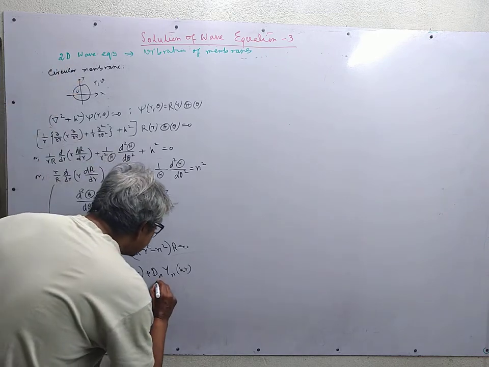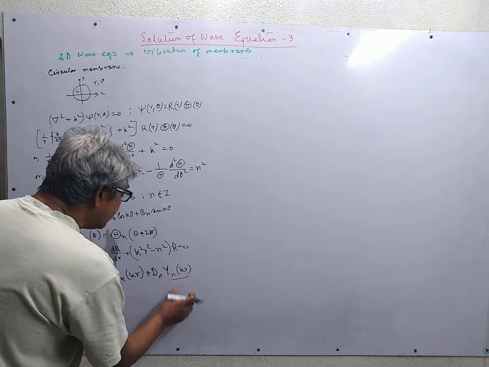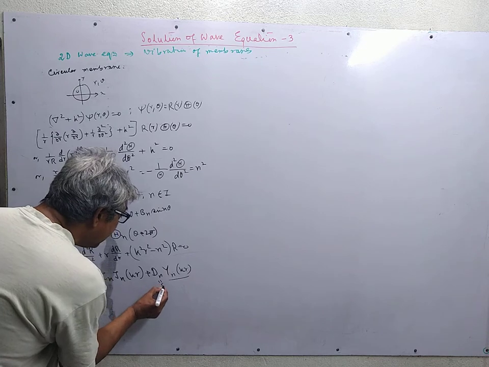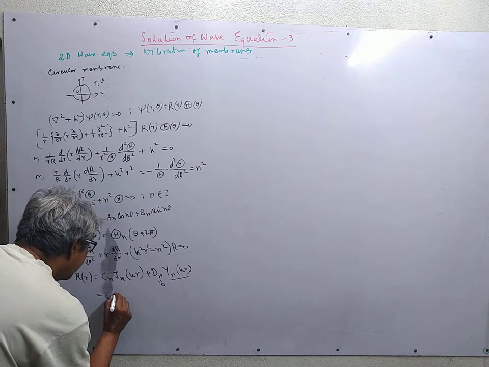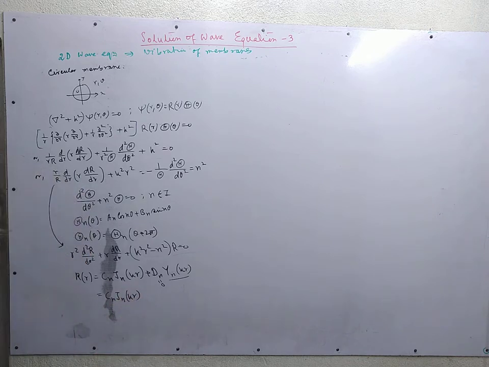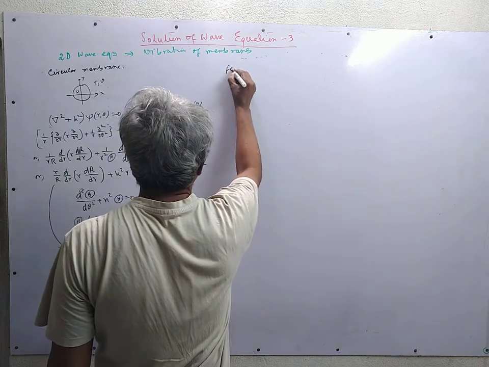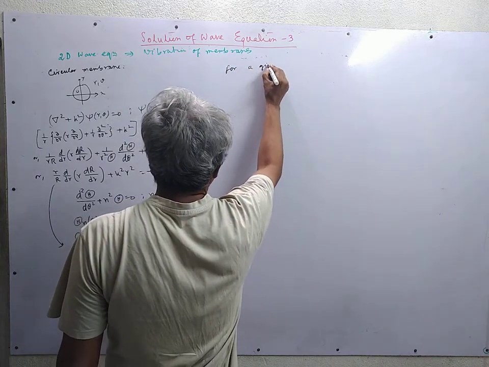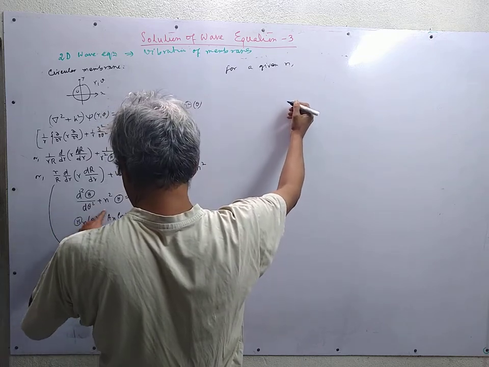Since Y_n has a divergence at r = 0, we set D_n = 0, so this is C_n J_n(kr). So for a given n, we have the solution.